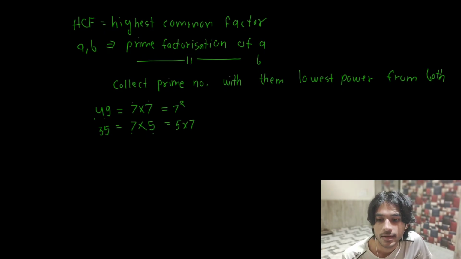You see, there is no need to write it like this, 5 multiplied by 7. I have written it like this simply because we have learned in the fundamental theorem of arithmetic that writing a composite number as a product of prime numbers is unique if order and arrangement don't matter. So when we arrange those numbers, we follow this common rule that we arrange the prime numbers in increasing order.